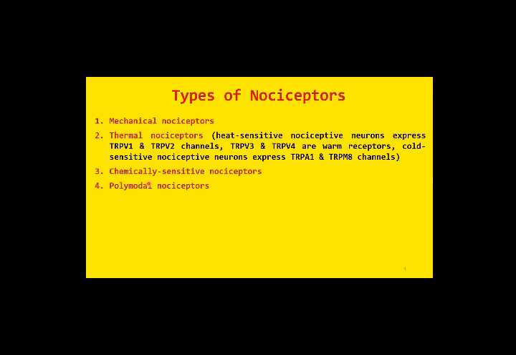Some of the nociceptors are responsible for detection of any of these three stimuli, and they are separately classified as polymodal nociceptors. So polymodal nociceptors may respond to mechanical stimulus, thermal stimulus, or even chemical stimulus. So according to some, the fourth type of nociceptor is the polymodal nociceptor, which responds to any of the first three stimuli.